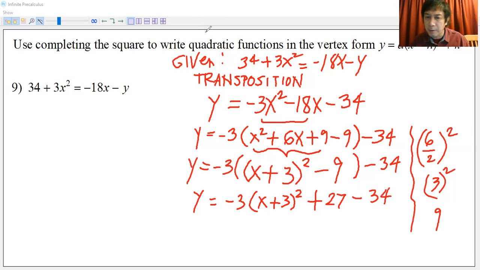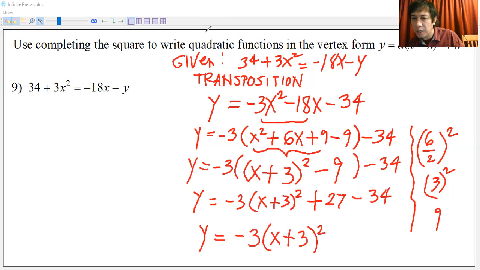All right, so the next step is the final answer. This is y equal to negative 3 times the quantity x plus 3 squared. It's now the combination of plus 27 and minus 34. The 34 is larger, so this will be a minus, okay? And a difference of 7.